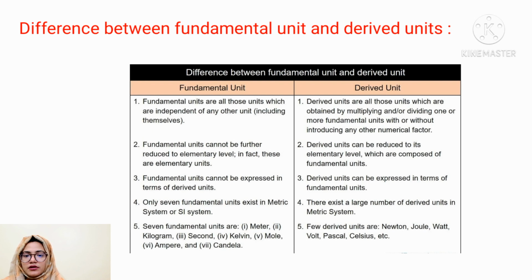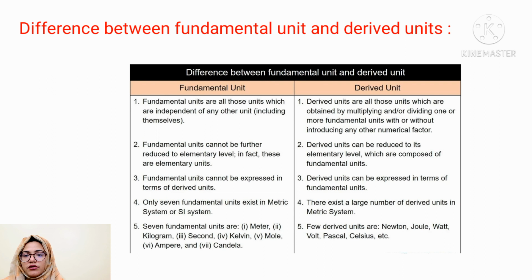Then next, number 4, for fundamental units, only 7 fundamental units exist in the metric system or SI system, whereas there exists a large amount of derived units in the metric system.